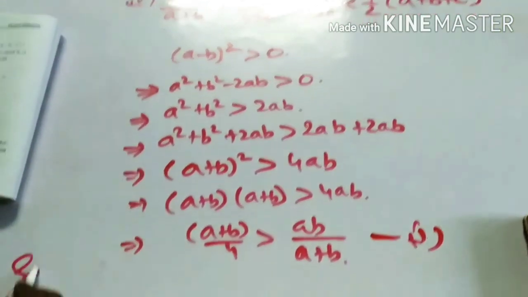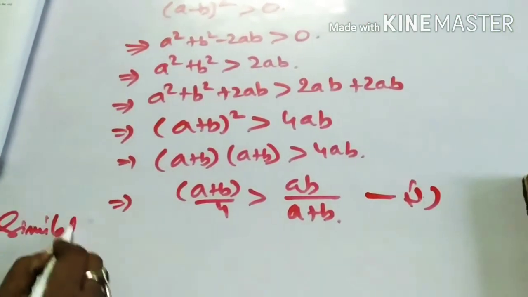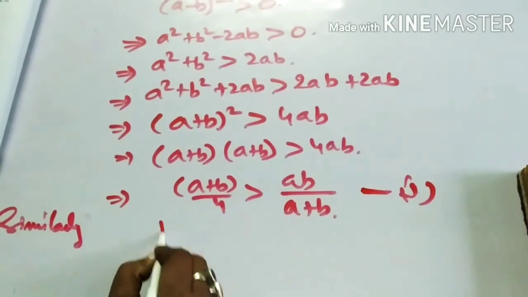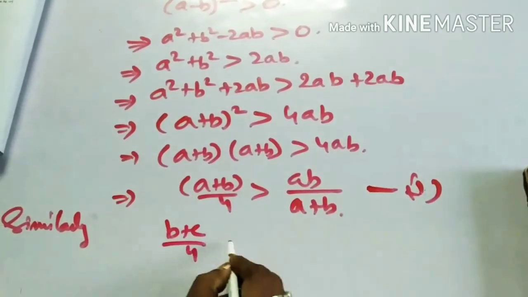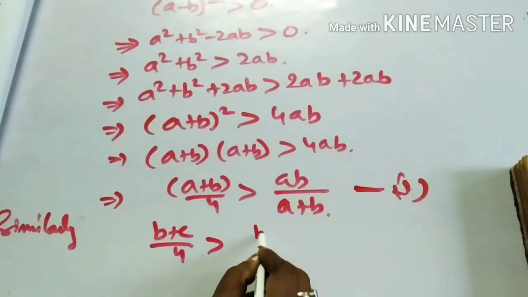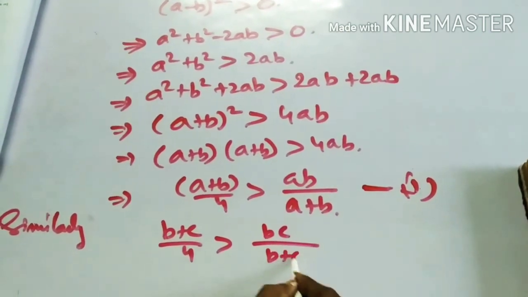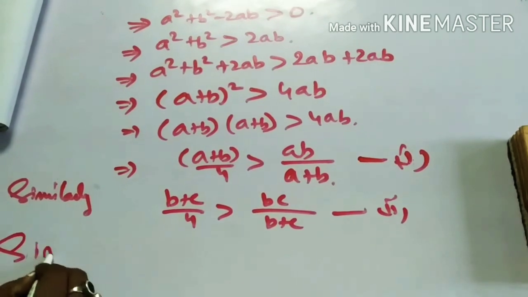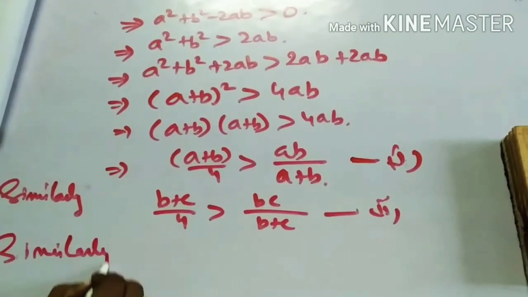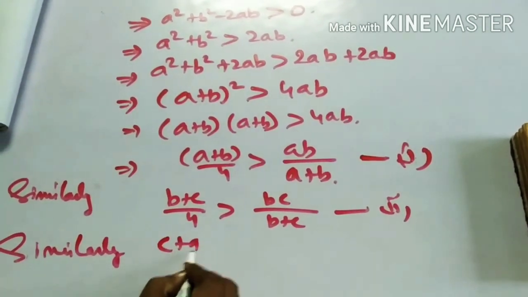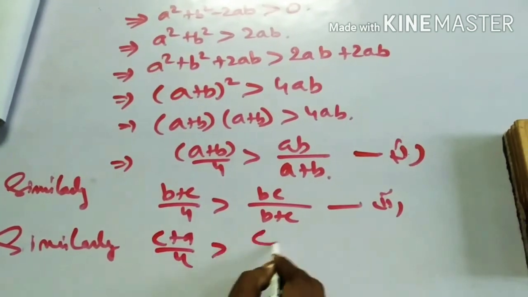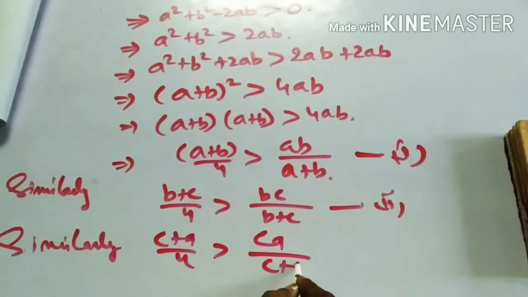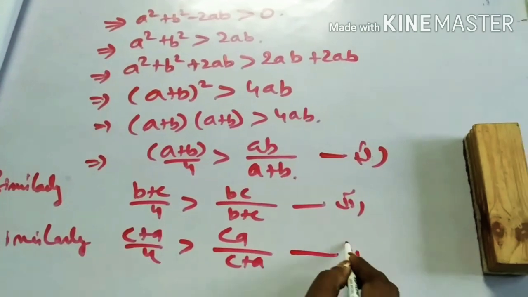Similarly I can write (B plus C) by 4 greater than BC by (B plus C), equation 2. And similarly I can write (C plus A) by 4 greater than CA by (C plus A), equation 3.